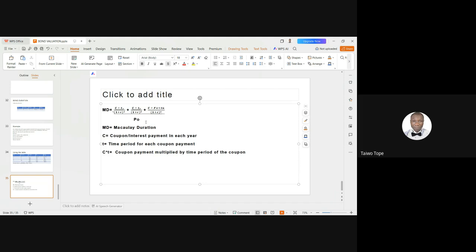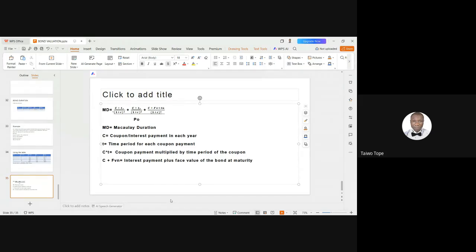And we have the C plus the face value. This is your interest payments plus your face value of the bond at maturity.